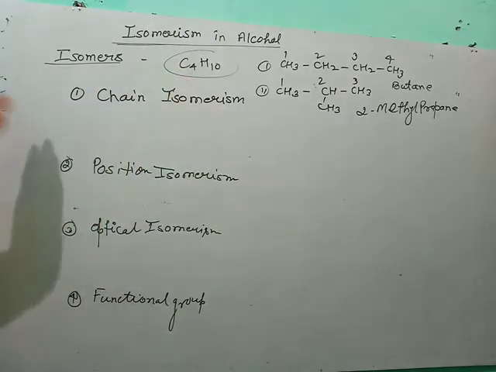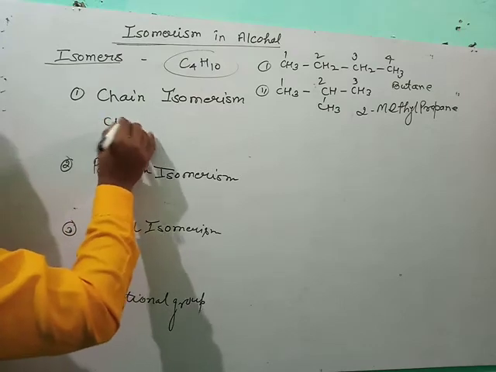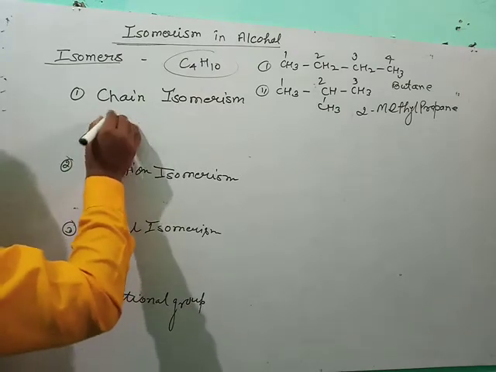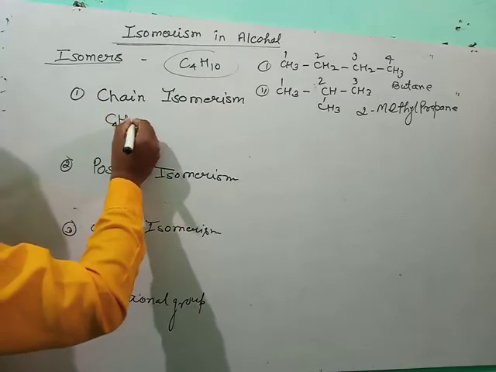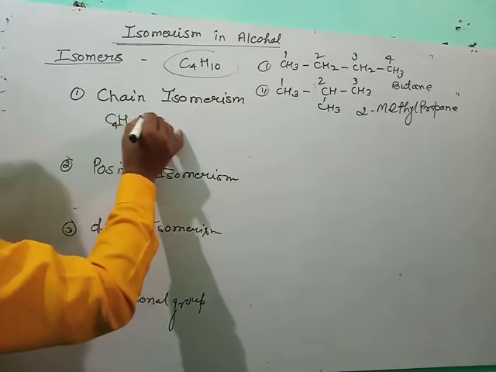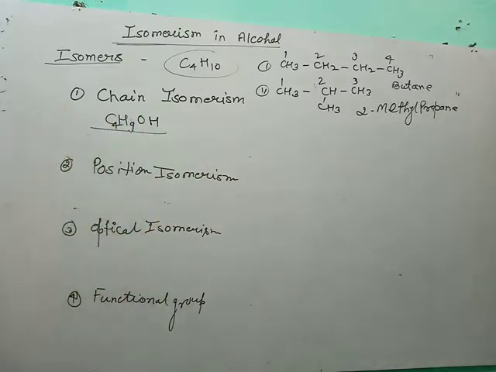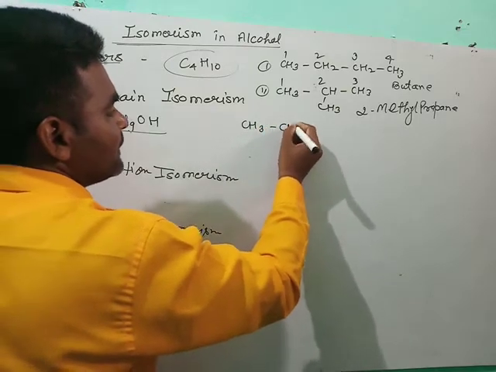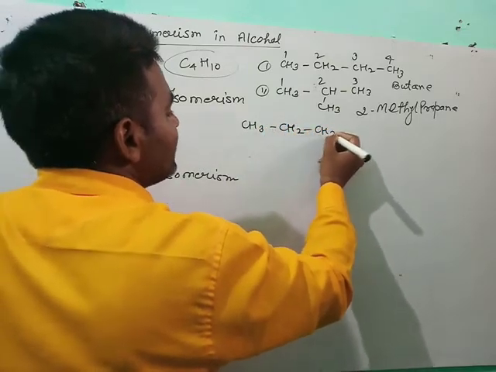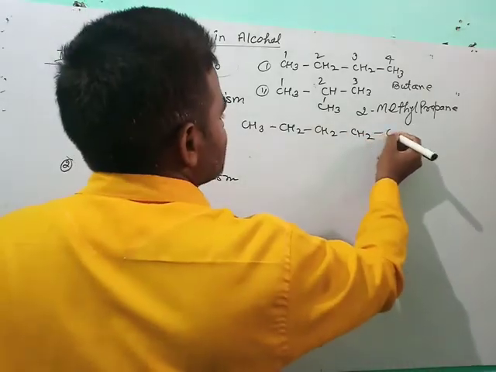isomerism. And similarly in alcohol, if we take the example of C4H9 and OH, this can be present as CH3, CH2, CH2, CH2 and OH.